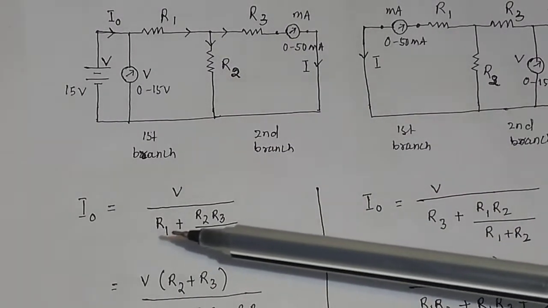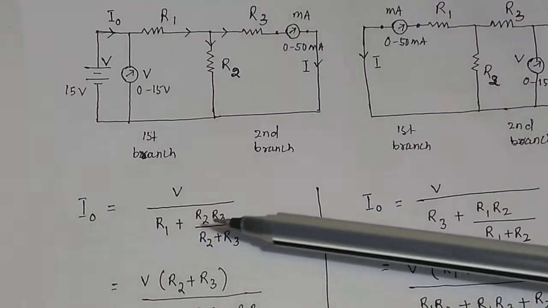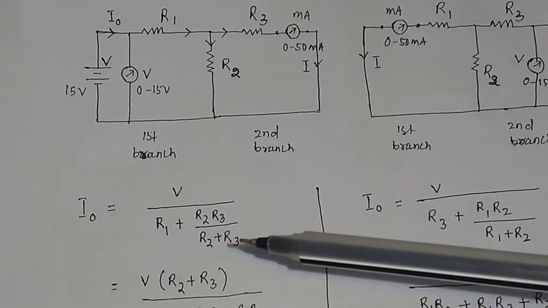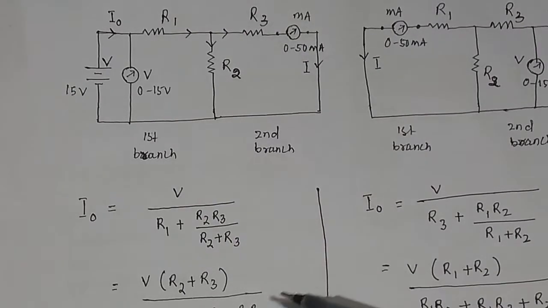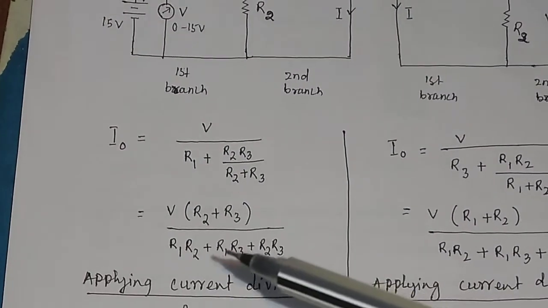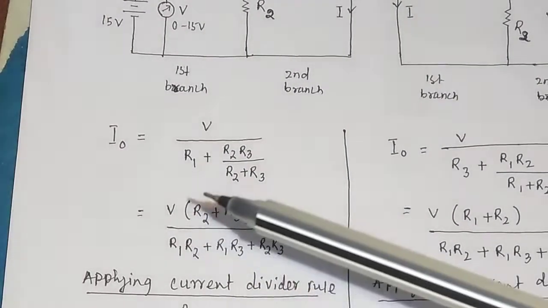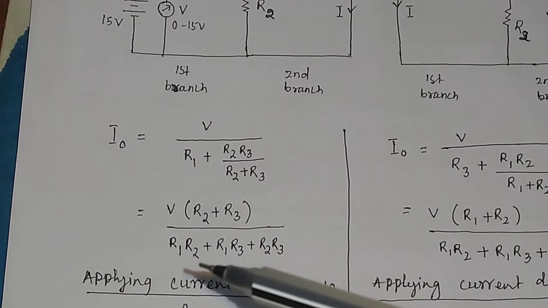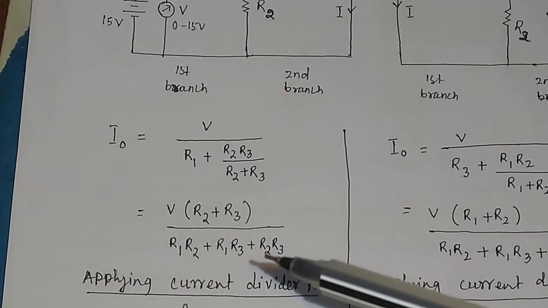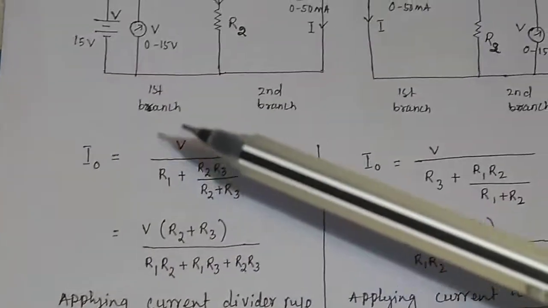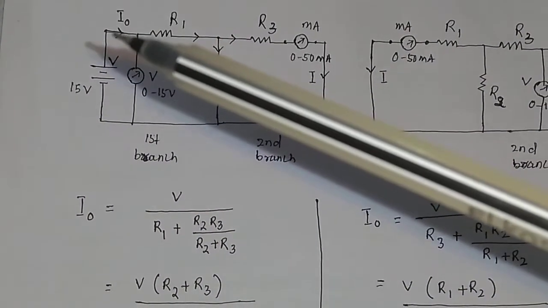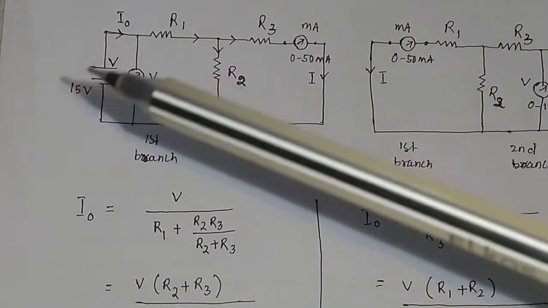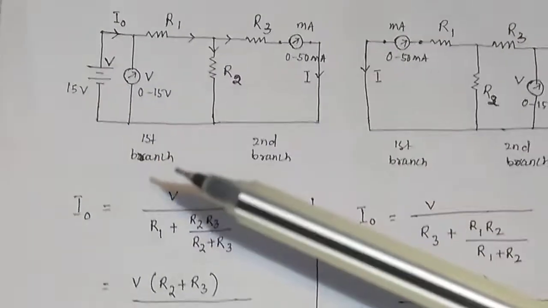The total resistance will be equal to R1 plus R2 R3 divided by R2 plus R3. And if you solve it, then this will be equal to V into R2 plus R3 whole divided by R1 R2 plus R1 R3 plus R2 R3. So this is the total current due to this voltage source V.